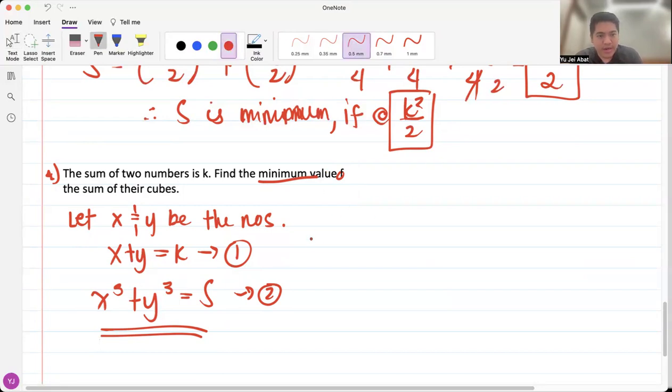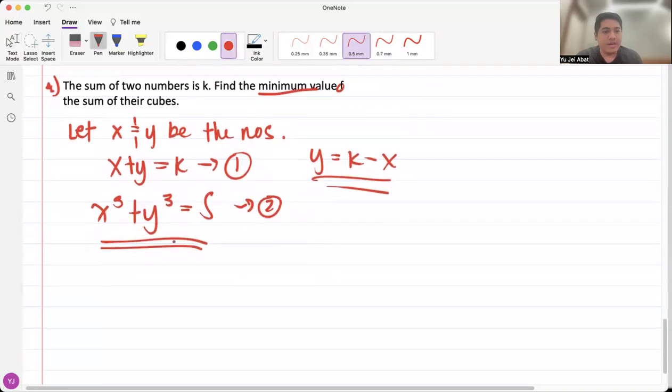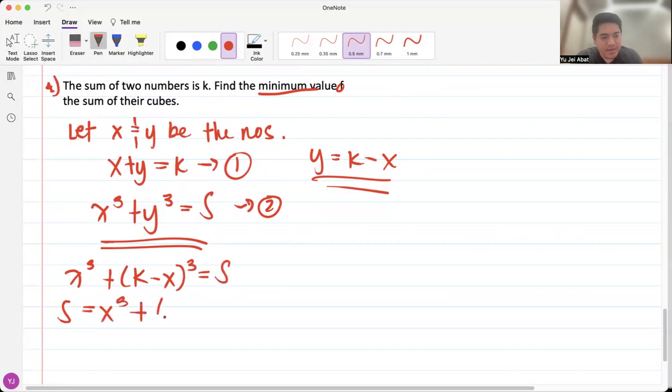So from equation 1, I have y equals k minus x. Substituting this, we have x cubed plus (k minus x) cubed equals s.